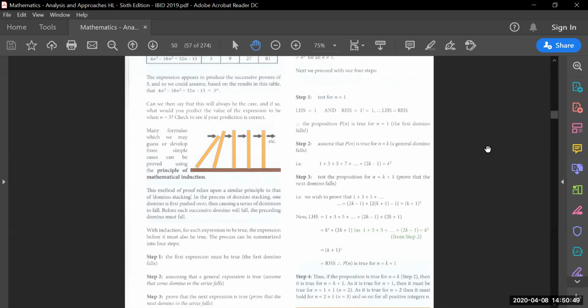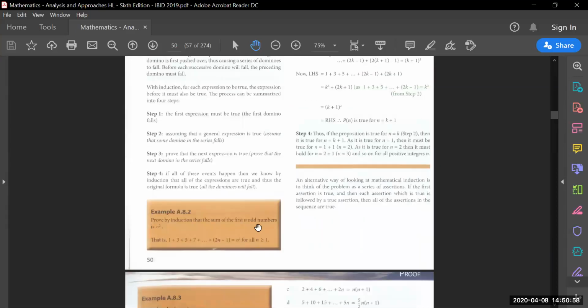So what we wanted to prove, the whole idea of mathematical induction is that for all values of n, in this case, the values of n here will be n greater or equals to 1. So 1, 2, 3, 4, 5, all the way to infinity, right? For all these values of n, this equation will be proven true.